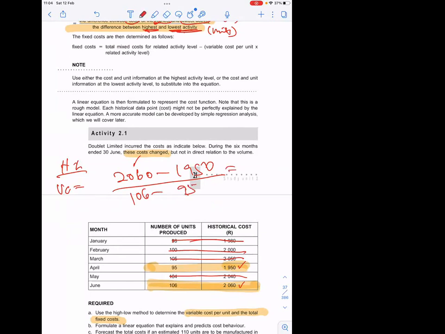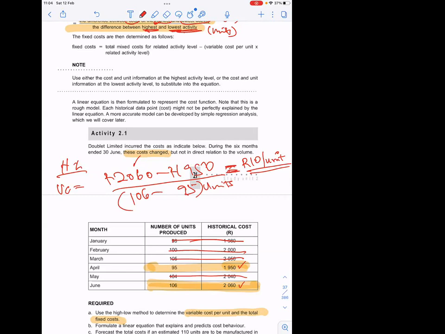So my answer would be 2060 minus 1950 divided by 106 minus 95. My answer is 10 Rand per unit. We need to note that because I divided the Rand amounts by the number of units, the output is Rand per unit.